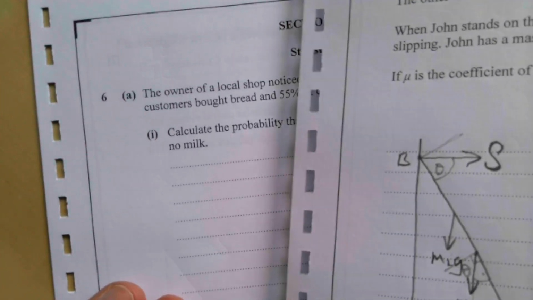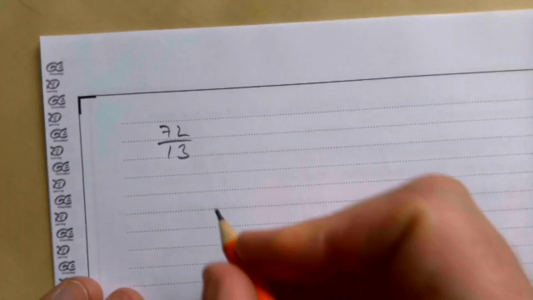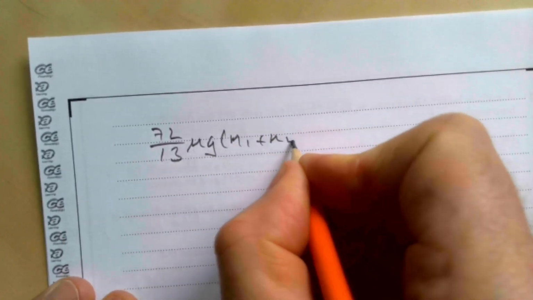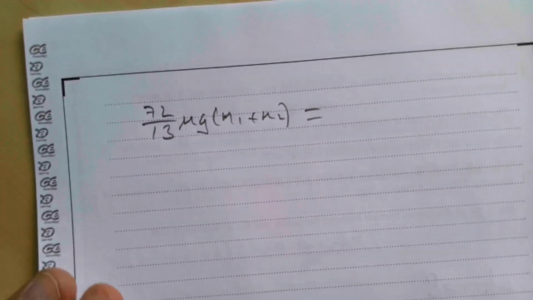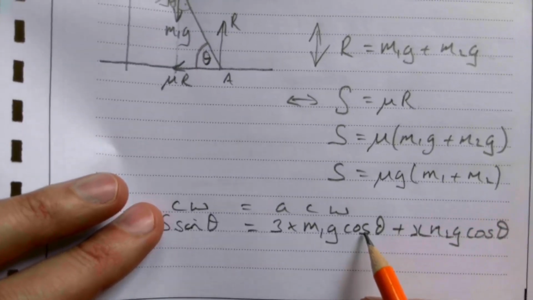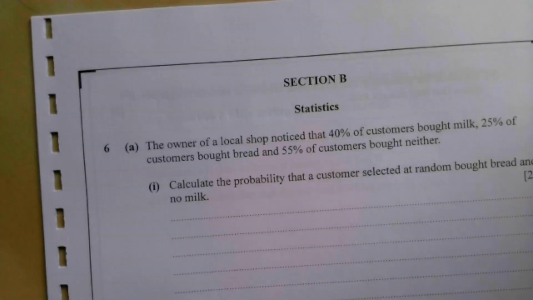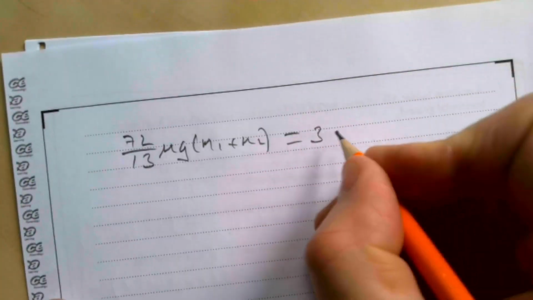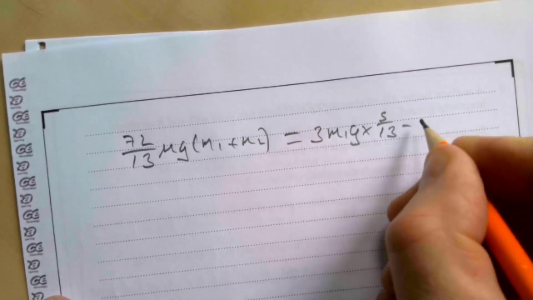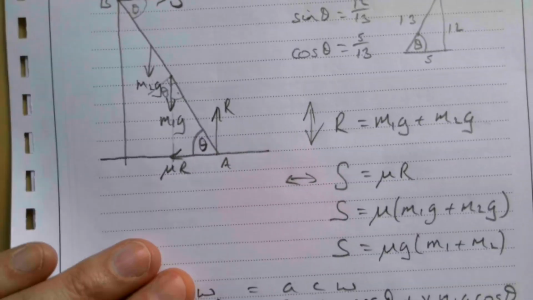And then what did I have? Mu g m1 plus m2. m1g times 5 over 13. Plus x m2g times 5 over 13.